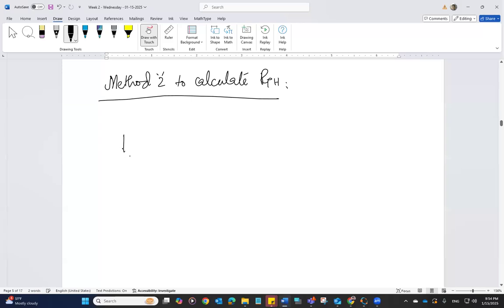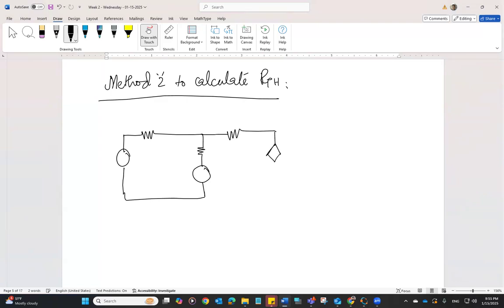I'm going to redraw the circuit. And then I'm going to put a short between A and B. So this is my V1, values are not changing.